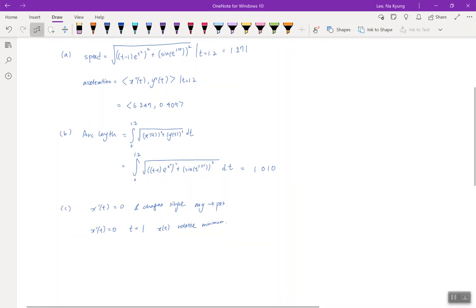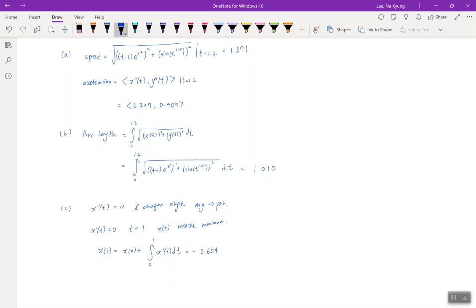So let's find the position of the particle when t is equal to 1. We know this from the fundamental theorem. In other words, x of 1 equals x of 0 plus the integral from 0 to 1 of x prime of t dt. Since we know x prime of t, we just have to plug this into the calculator, which comes out to be negative 2.604.